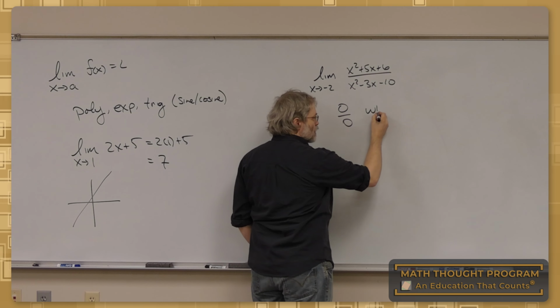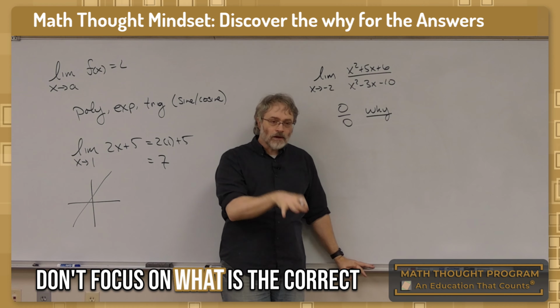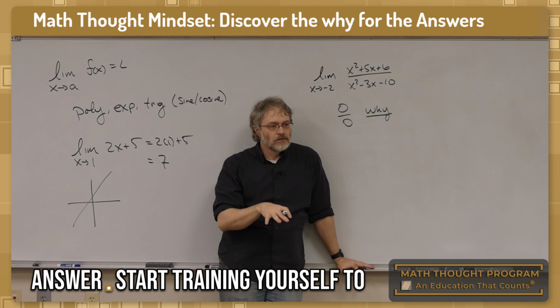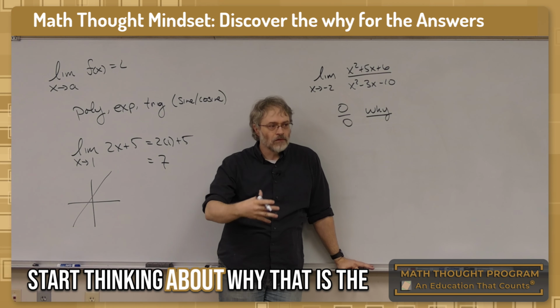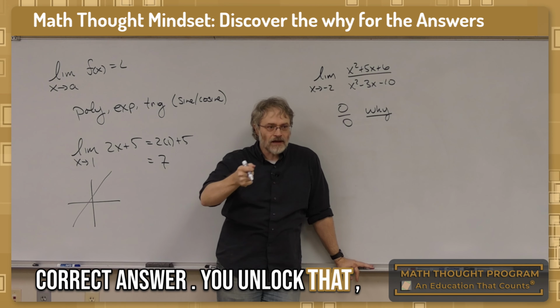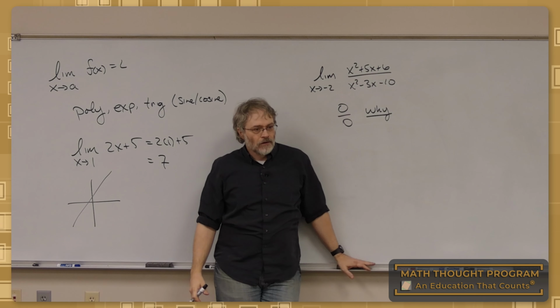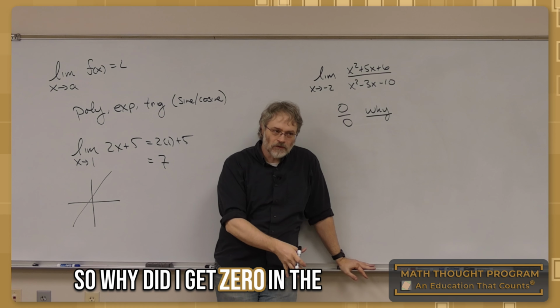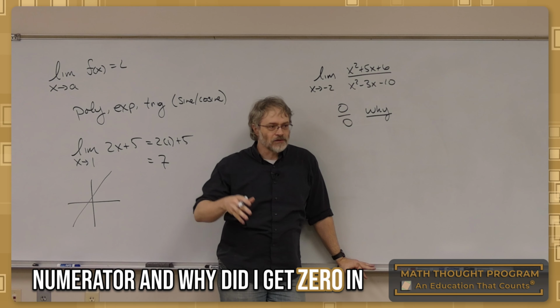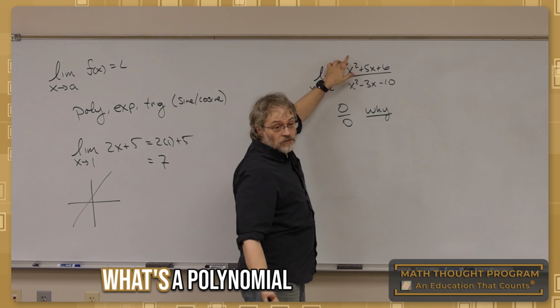But again, guys, don't focus on what is the correct answer. Start training yourself to start thinking about why that is the correct answer. You unlock that, you unlock a lot of mysteries. So why did I get 0 in the numerator, and why did I get 0 in the denominator? What's a polynomial?